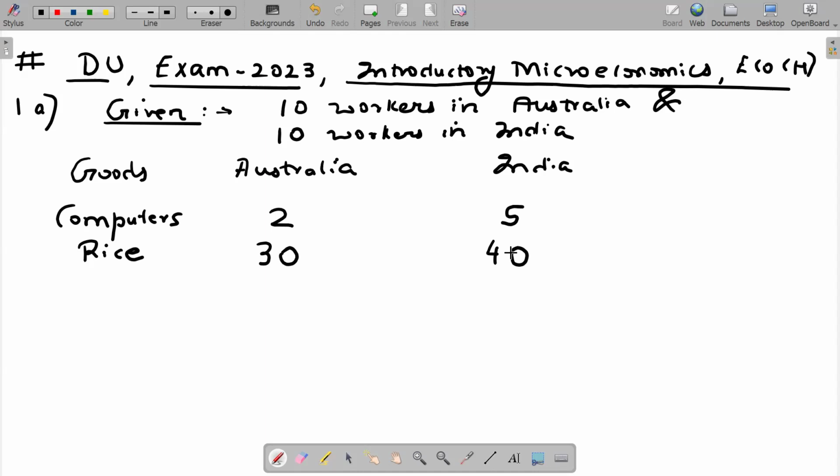Now we have to draw the production possibility curves for both the countries. What is the total amount of computers which can be produced in Australia, and the total rice produced in Australia? Let's first look at Australia's production possibilities.